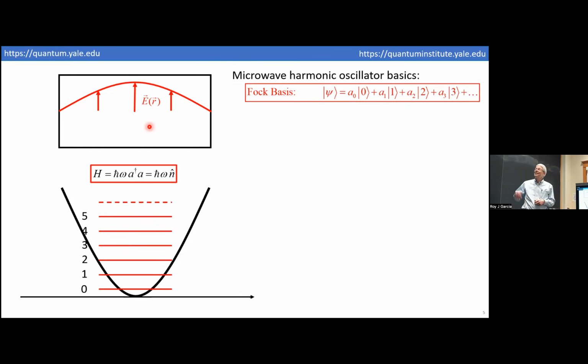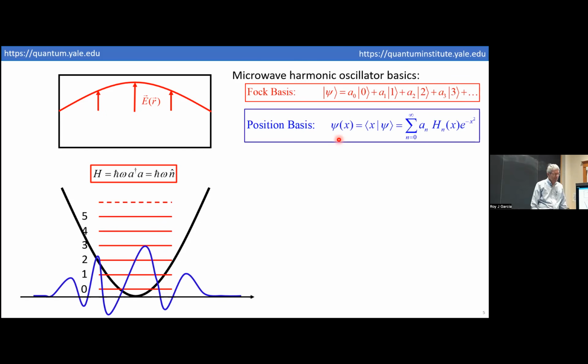So the coordinate of this harmonic oscillator is the electric field at some specified point, and the momentum is the magnetic field. And I can address this oscillator, I can think about it in the Fock basis, the photon number basis, or because there's a countable infinity of states, there's also a kind of position basis. And this is why people refer to this as continuous variable quantum information processing.